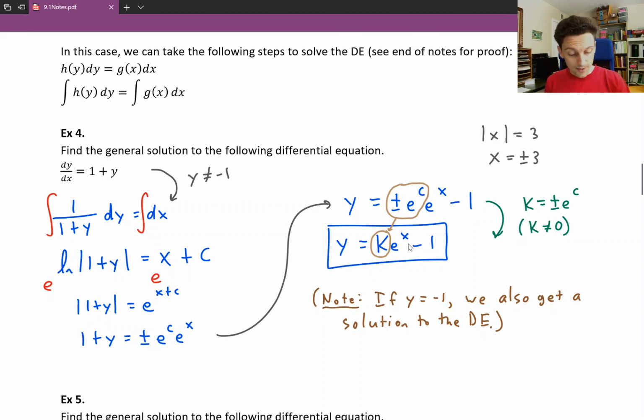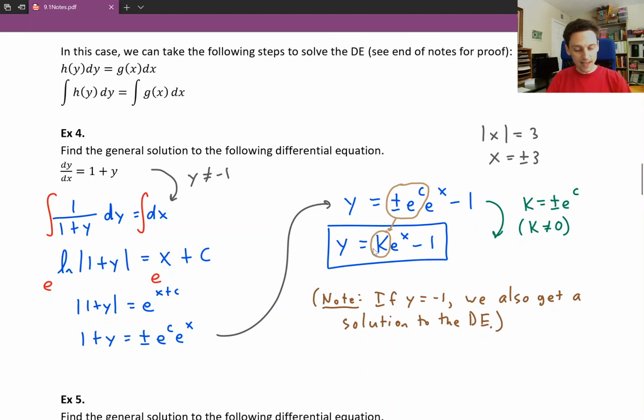Now, what you could do is bring your general solution, k e to the x plus or minus 1, and combine it with this other solution, y equals -1, together, because you could just let k be any value. We said that here k was not equal to 0 in this step, but if you let k equal 0, you get the function y equals -1.